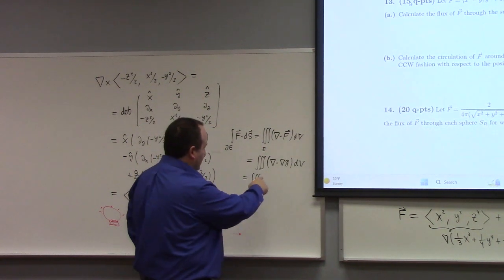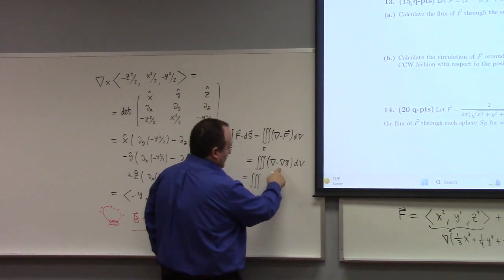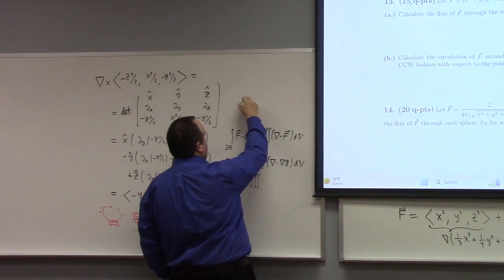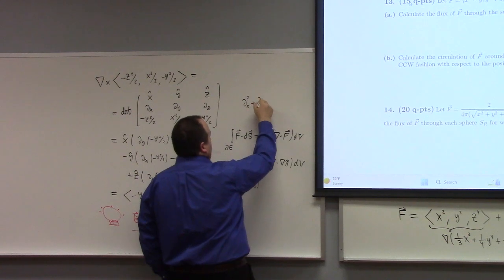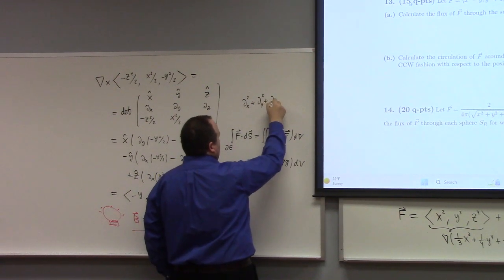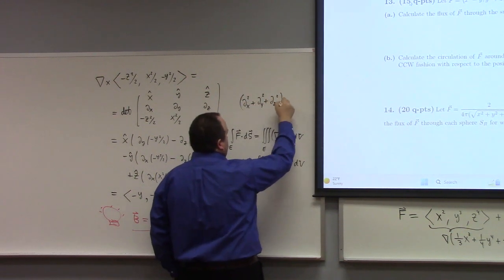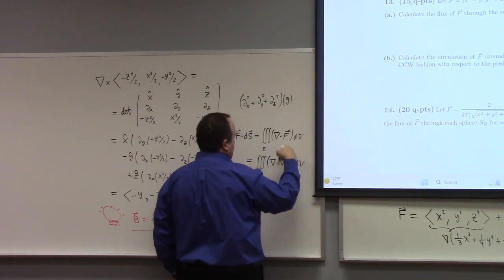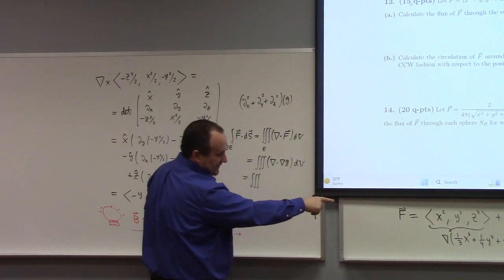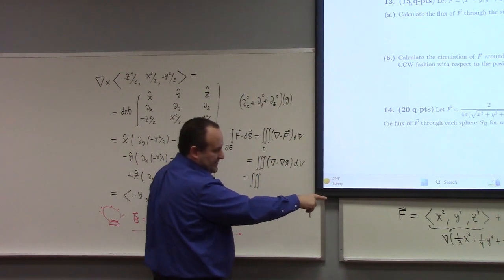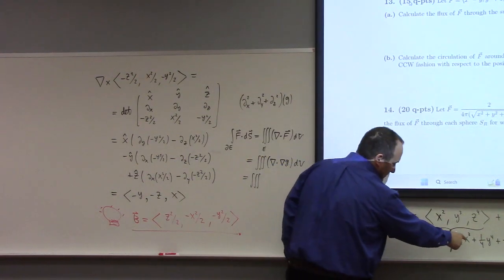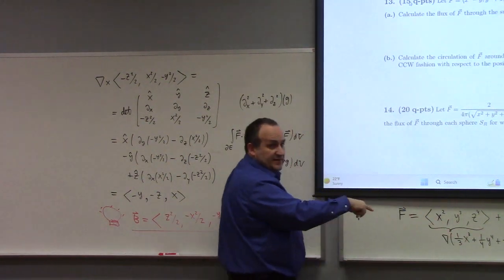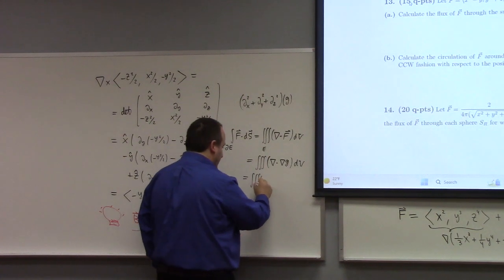This nabla dot nabla is nothing more than partial squared x plus partial squared y plus partial squared z acting on G. So if you calculate that, what happens when we twice differentiate this with respect to x? We get a 6x, I believe.